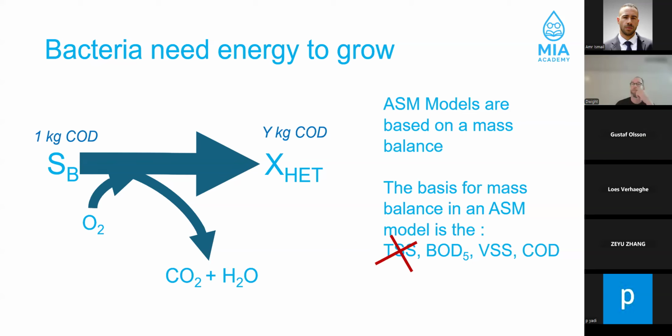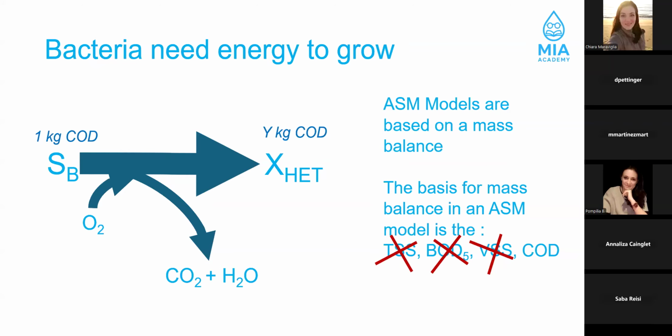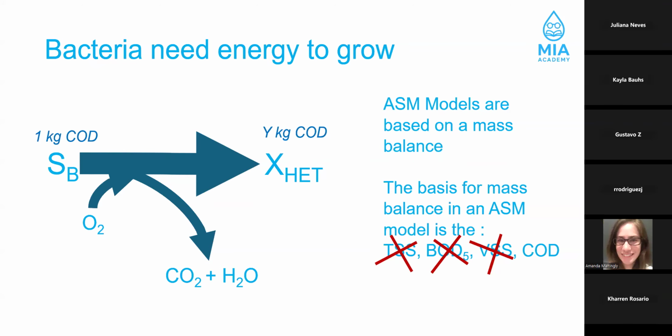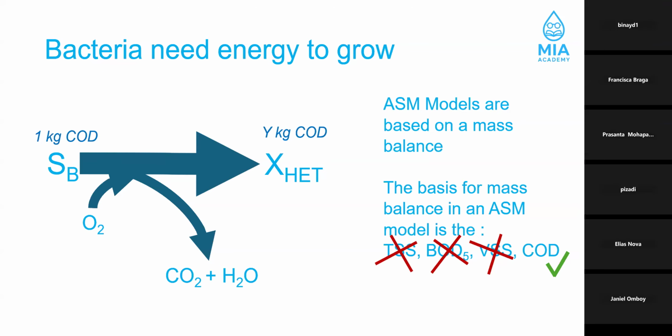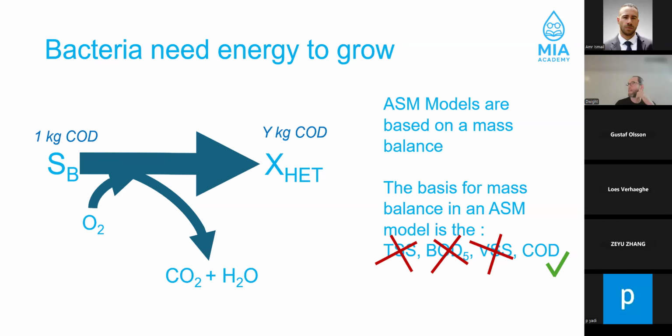You can't mass balance based on TSS. You cannot mass balance based on BOD5. You cannot mass balance based on VSS. The key really is COD. All these models are based on a chemical oxygen demand mass balance because this is a conservative parameter, and we need something that is conservative. So there we go. And so based on this, we can do a little bit of math because we know that the chemical oxygen demand is conserved.